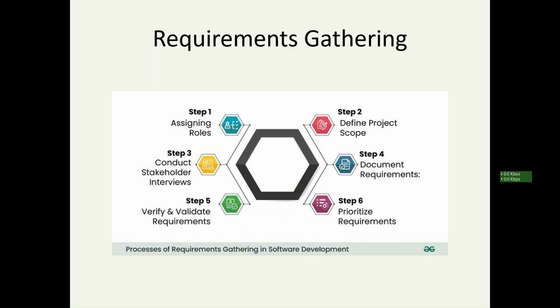After documenting, verification comes into the picture, where we verify and validate the requirements. Then we prioritize the requirements. So you prepare the document, review it, validate it, and prioritize which one you are going to test first, and in which sprint or release.